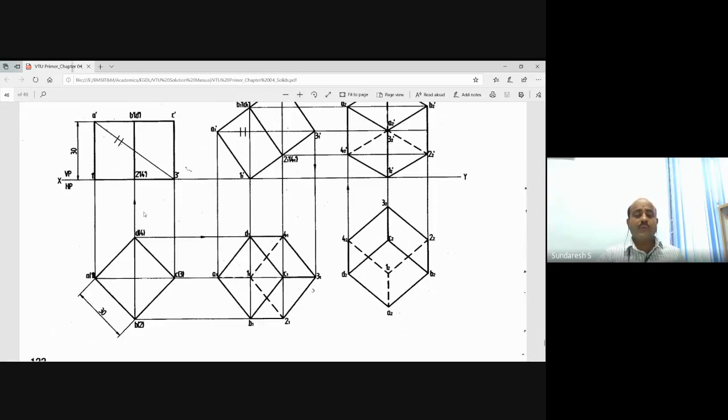So in the initial position you have to construct a square resting on the corner. It is a 30 millimeter side cube, so rest the cube on the corner. Therefore the top view looks like this: a square resting on the corner.